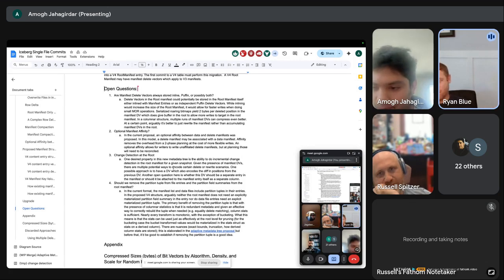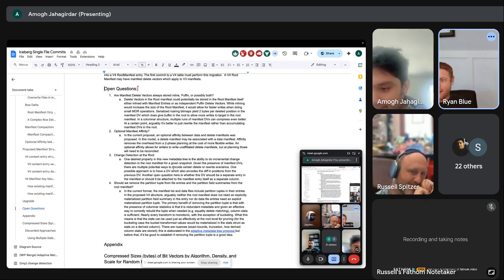Then the question is, do we want to store the exact same data in the stats structs, or do we want to just have a partition tuple? I'm actually kind of leaning towards having a partition tuple, because I think that's easier to reason about and is a smaller change, but I think that they're essentially the same thing.